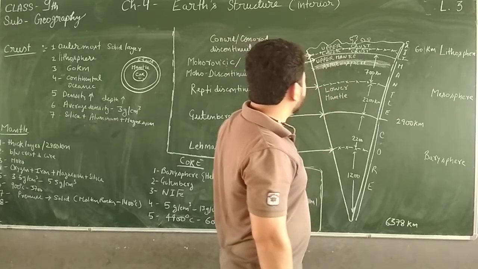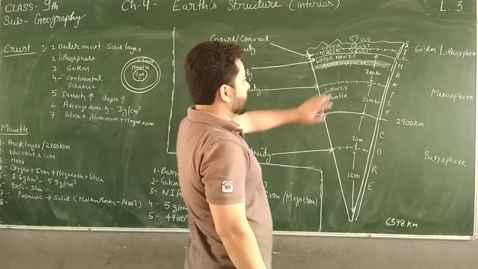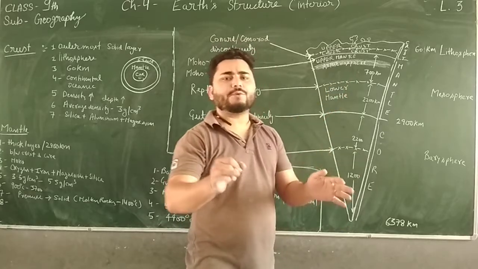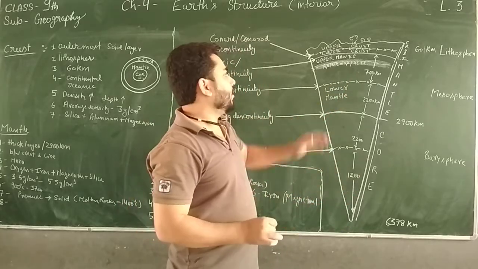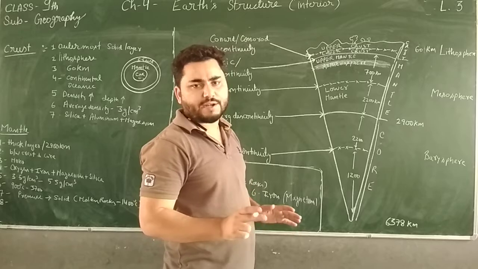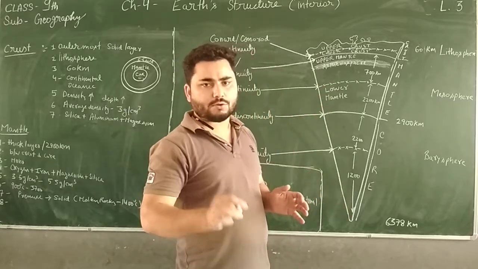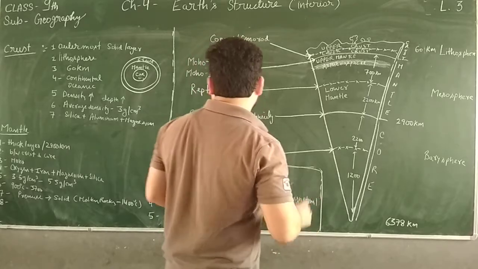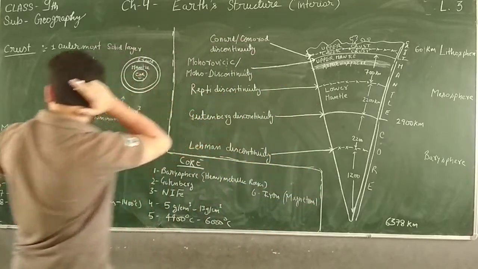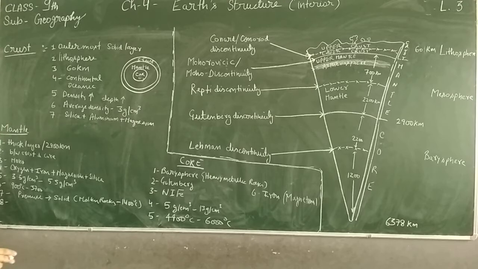Clear? So we have studied about the asthenosphere, which is found 100 to 400 kilometer below the surface of the earth, right? These are the rocks in the molten form. So here we have reached the mantle.